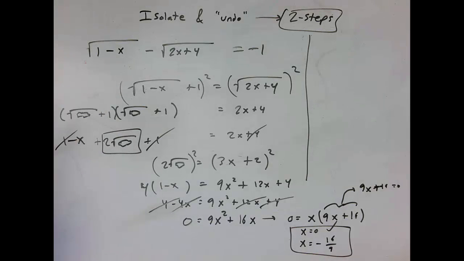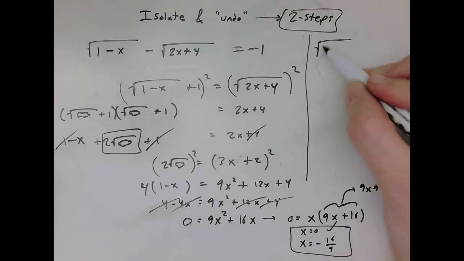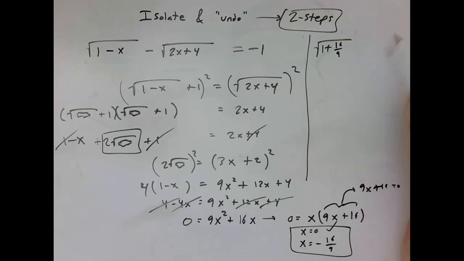So that's like 1 plus 16 ninths. 1 is the same as 9 over 9. So if I combine those two, 9 plus 16 is 25 over 9. So that simplifies to be root 25 on the top, which is 5, divided by root 9 on the bottom, which is 3. So that simplifies to be 5/3.